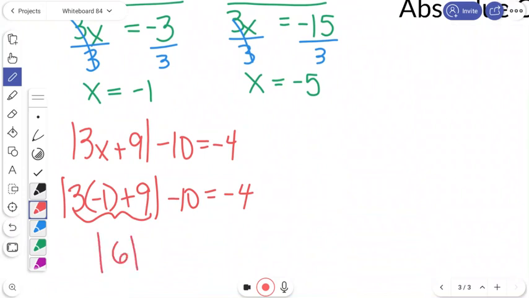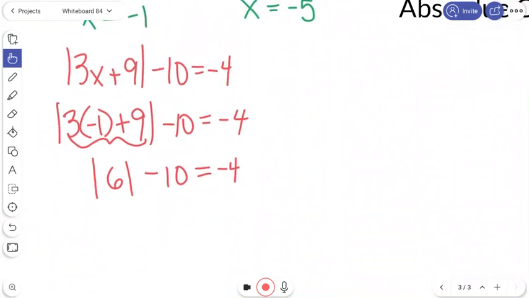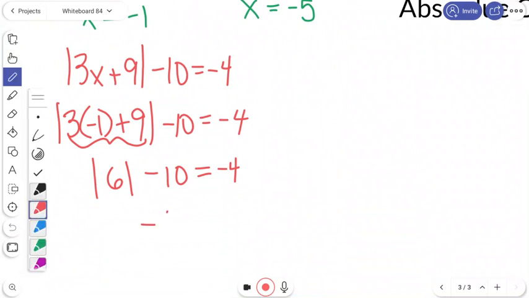The absolute value of 6 minus 10 should equal negative 4. The absolute value of 6 is 6. 6 minus 10 equals negative 4. So this is negative 4 equals negative 4. That is definitely true.